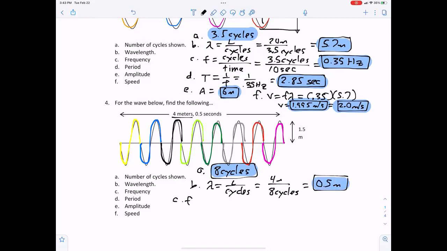Part C, the frequency is found by taking the total amount of cycles by the total amount of time, 8 cycles, divided by half a second for this wave to travel. Well, 8 over a half would be 16 cycles in 1 second, or 16 hertz.